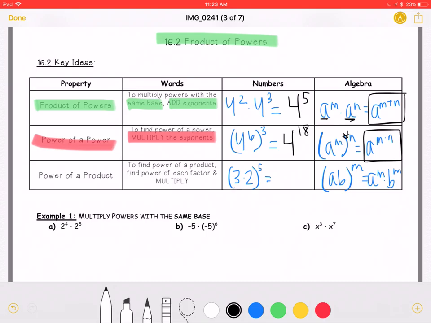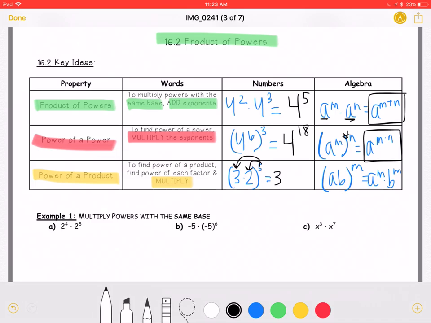Last one, power of a product. To find power of a product, find power of each factor and multiply. So basically, if you have, like my example here, 3 times 2 being then raised to the power of 5, it's almost like you're distributing that 5 to each term.